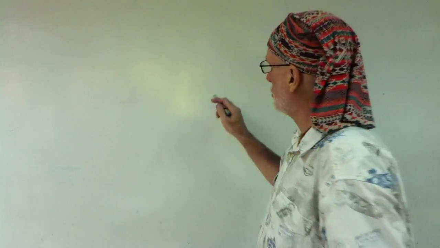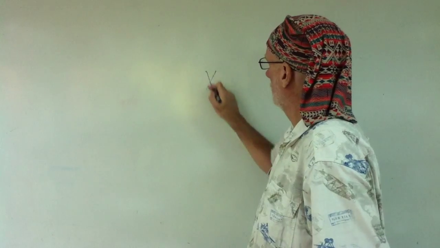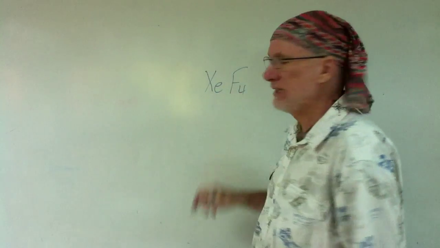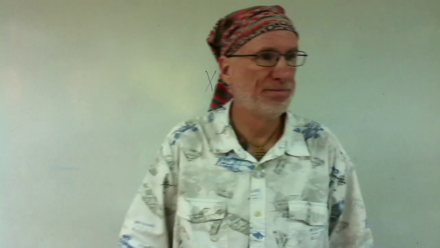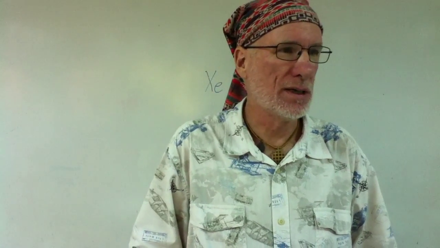And we have to use our knowledge of VSEPR and how electron pairs, both bonded and non-bonded, will repel each other to create unique geometries. So let's do this one. Xenon tetrafluoride. Looks a little weird, doesn't it?